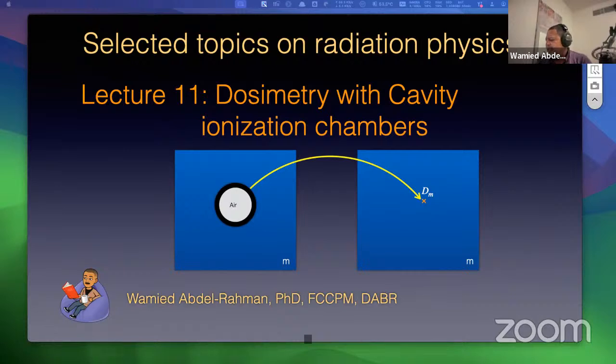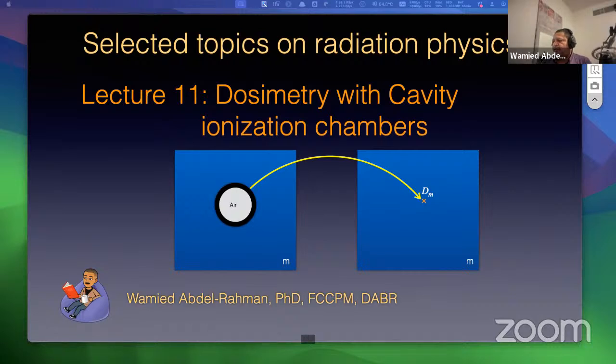Remember, when we have a chamber, air surrounded with wall and with medium, our interest is to know the dose when the chamber is not present, neither the air nor the wall. But the ionization in the air cavity will be produced by charges coming from the medium as well as charges coming from the wall. And the assumption is that in the air, no charges will actually be created.